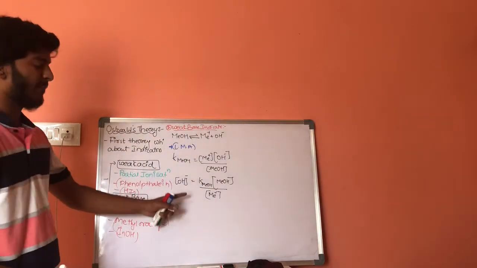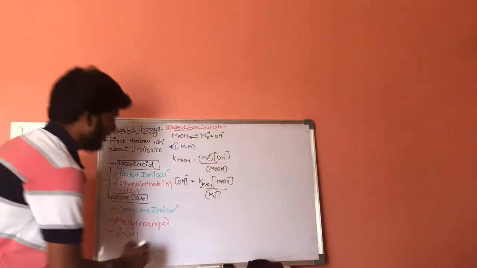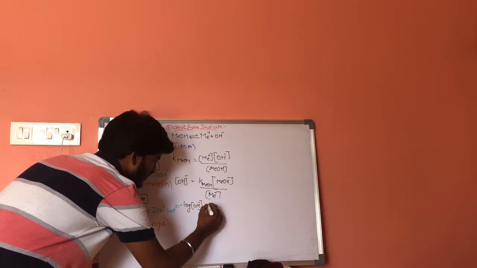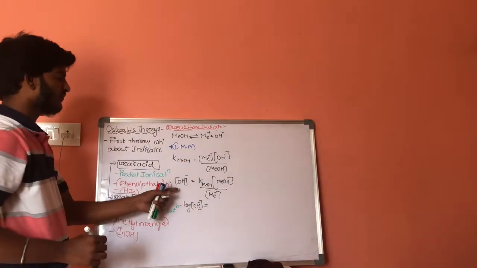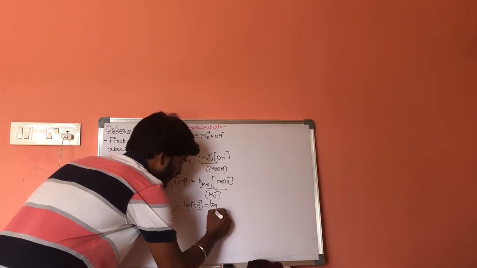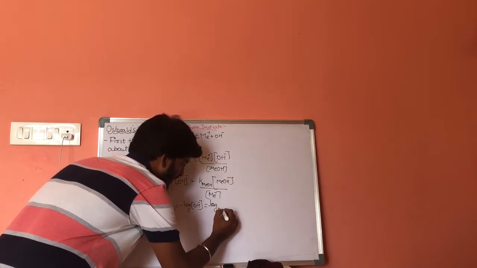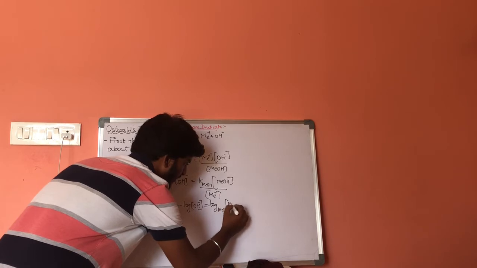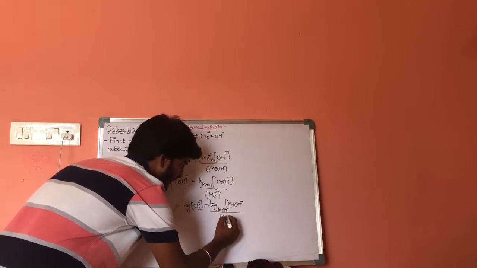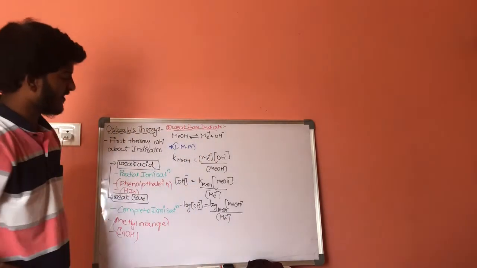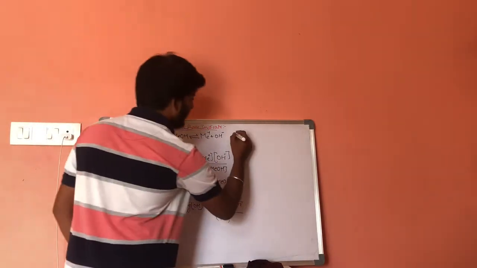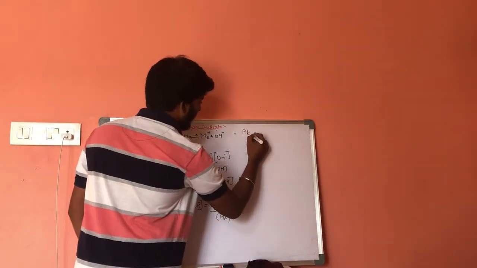Now if we apply minus log on both sides, minus log OH minus is equal to minus log K MeOH and the concentration of MeOH by the concentration of Me plus. Upon further simplifying, minus log OH can be written as pKb.